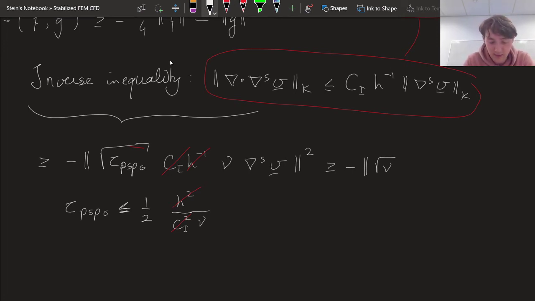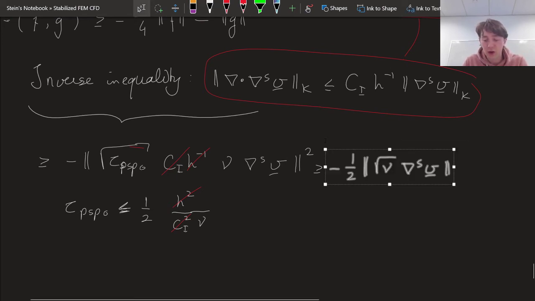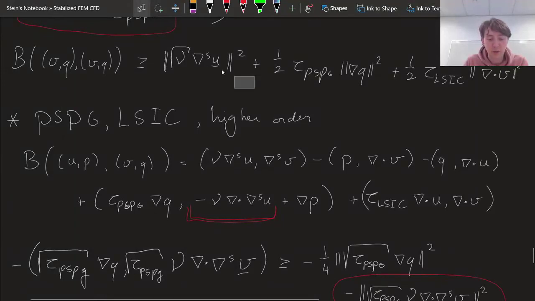And then I still have the half here as well, times the symmetric gradient of V. Yeah, so that is half of the norm that I was left with in my previous analysis. I'm seeing now that this should be V.